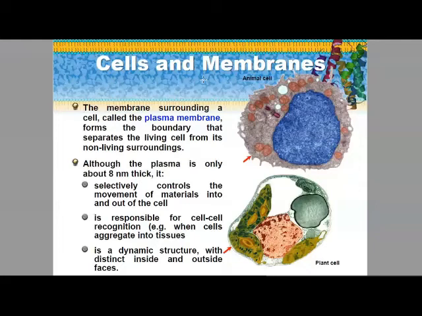Another function of the membrane is that it's responsible for the recognition between cells. It plays an important role in the way cells that can be considered alike, that might have the same function, can be recognized to each other.